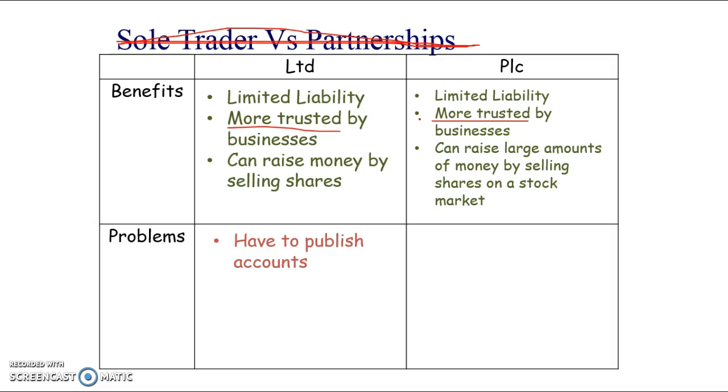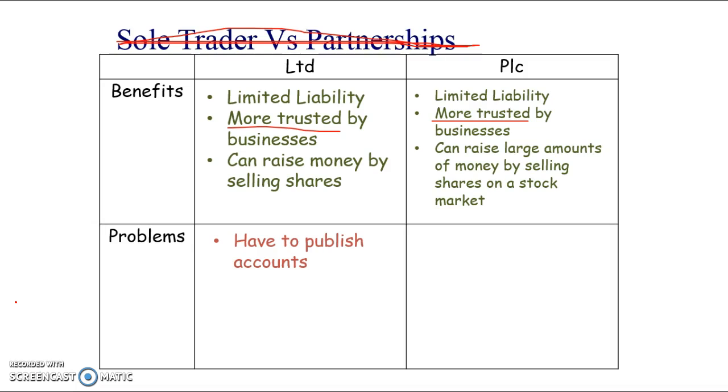So there's an even more serious checking process that goes on. So because any business that is a PLC has gone through both of these checking processes, the things that LTDs have to do, but also the things that they have to do to be sold on a stock market, then it tends to mean that they're more trusted by other businesses, lenders.